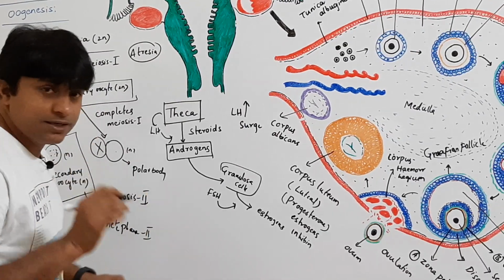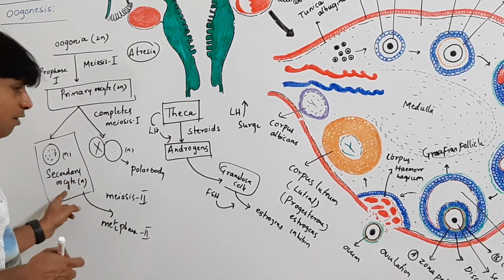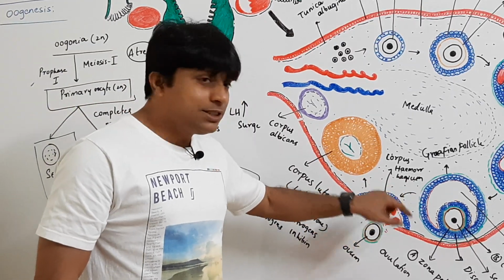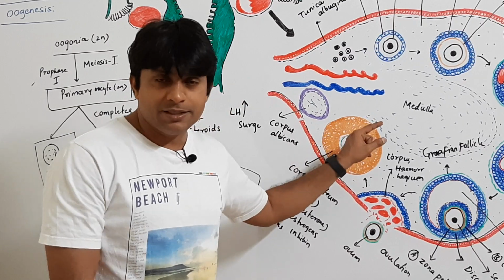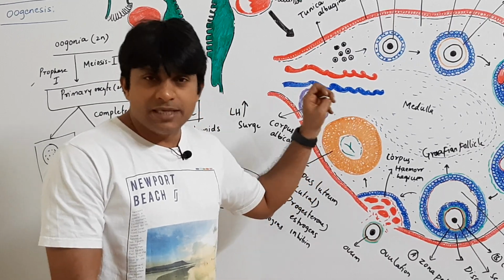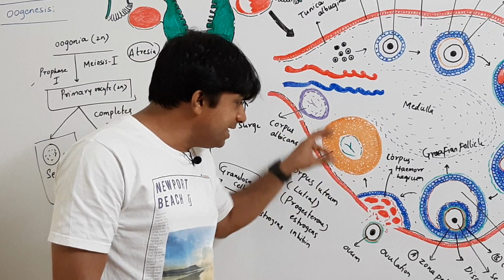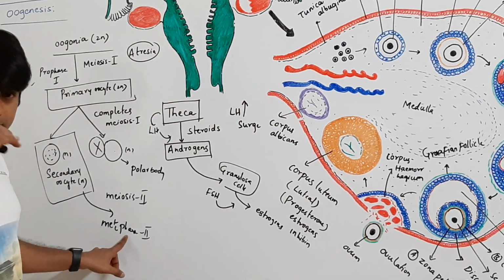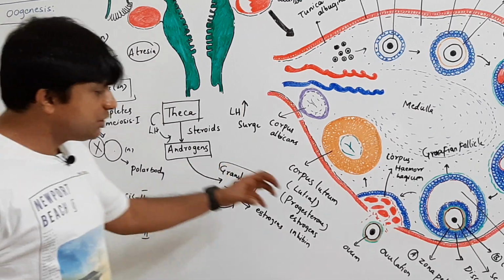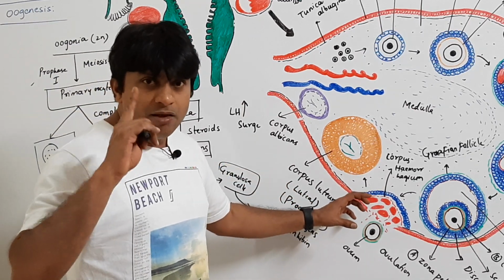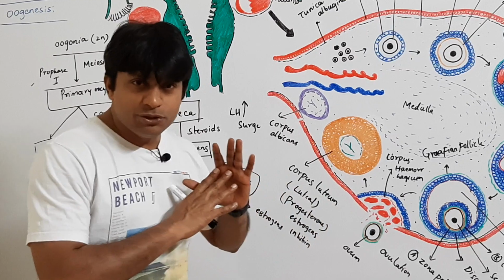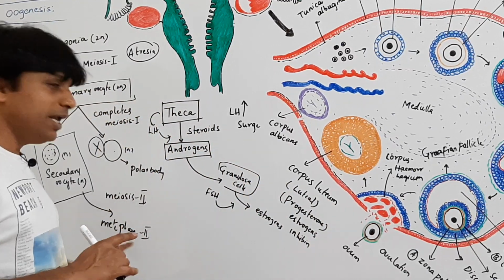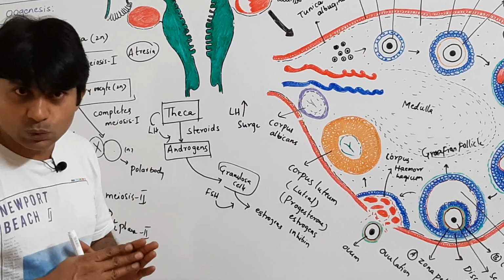The second maturation division of the ovum completes only once the sperm enters inside, because in the sperm the proximal centriole initiates the ovum to complete its second meiosis. So remember, at the time of ovulation, when the ovum is released, the ovum has completed only the first maturation division. The second maturation division is not completed; it is in metaphase 2 of meiosis 2.